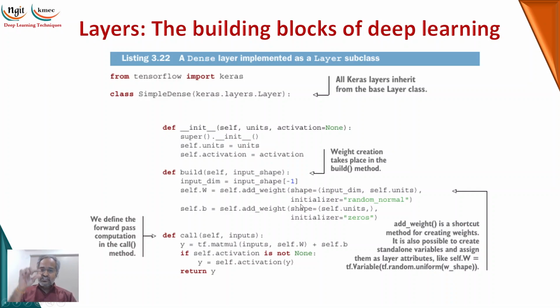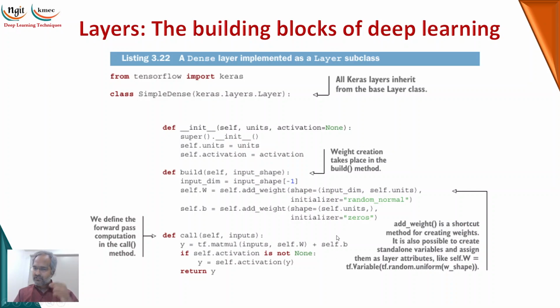And for each unit, those many biases will be there. Bias means intercept. In your machine learning, you call that the intercept. Here we are calling that the bias. How many biases will be there? Depending upon the number of units.